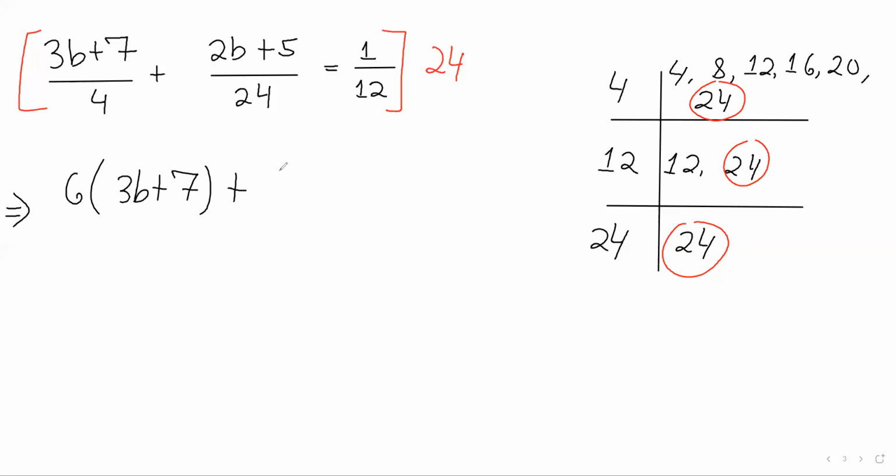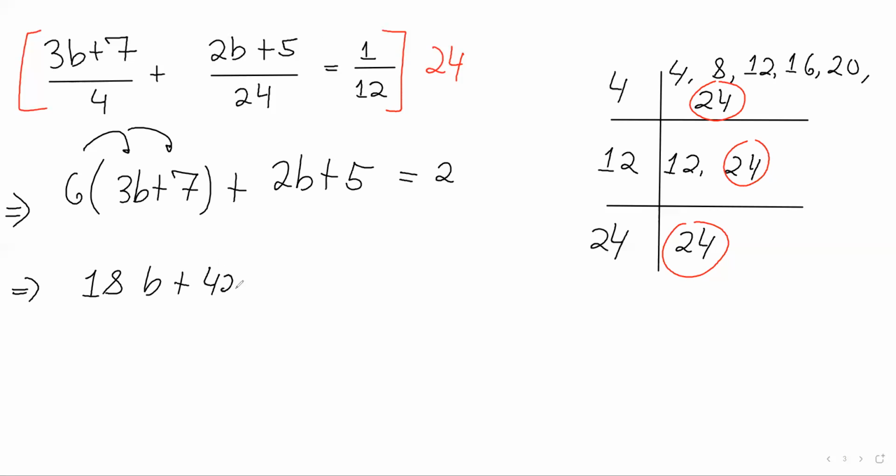24 over 24 is 1. 2b plus 5 equals 24 over 12, which is 2. Perfect. Distribute. I get 18b plus 42. And I still have my 2b plus 5 equals 2. Combine like terms.